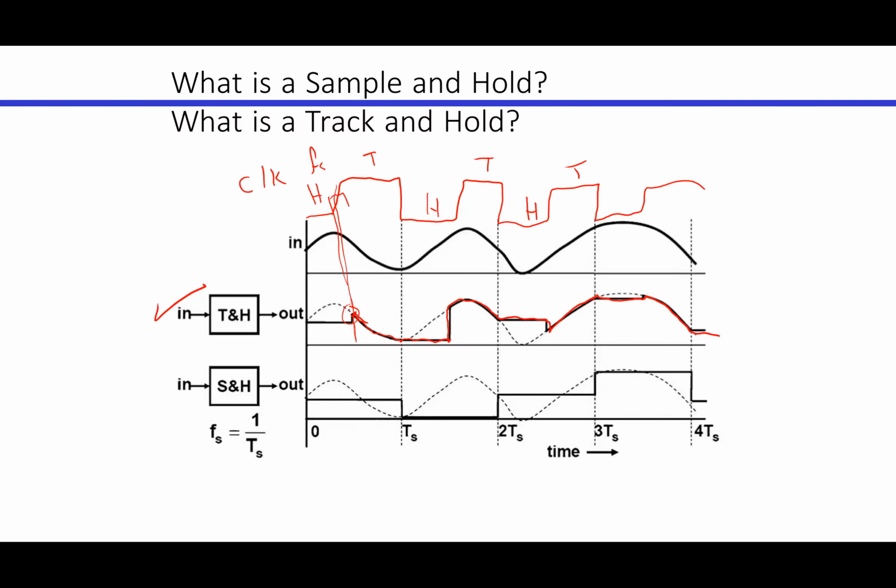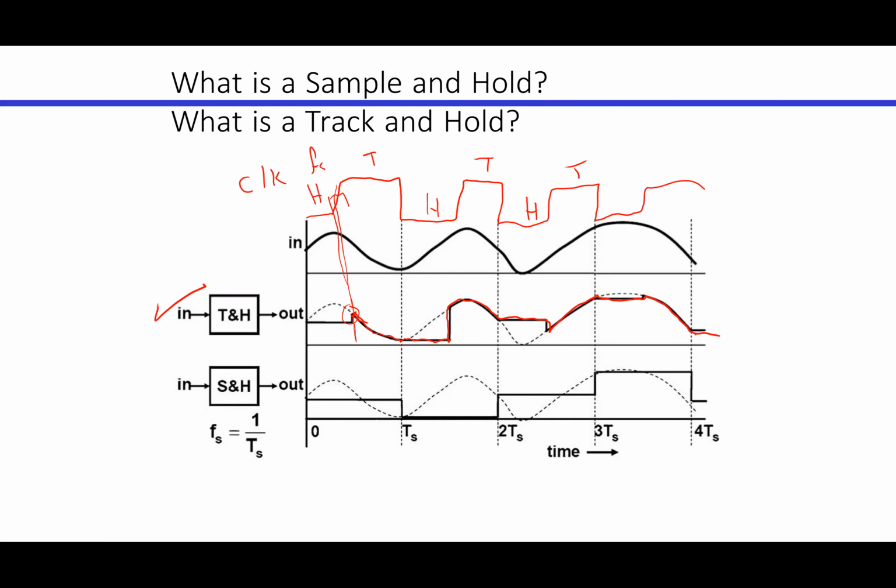Ma'am, but we need sample and hold in this sampling concept instead of track and hold. In reality, we mostly use track and hold circuits, but they are referred to as sample and hold, because you don't care what's happening in the tracking mode.